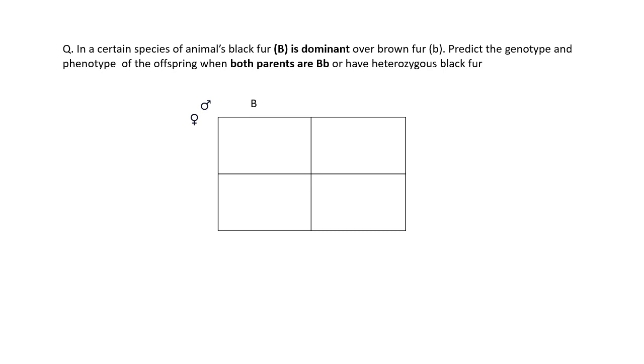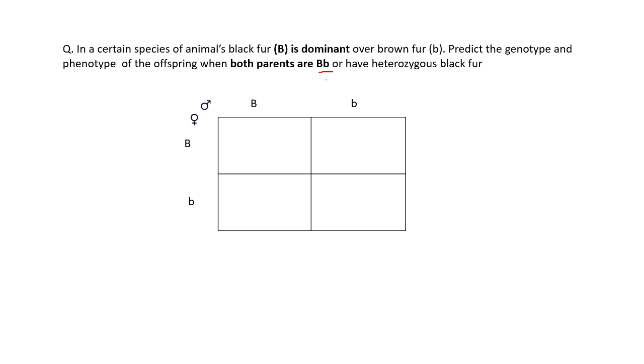Both parents have capital B and small b, so the gametes will be capital B and small b from the male, means from the father, and capital B and small b from the mother also, because both parents have the same set of genes.